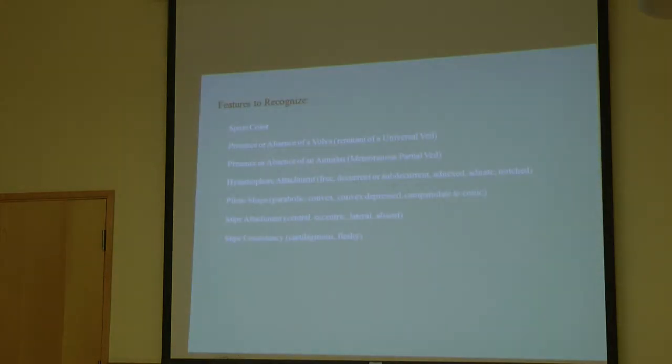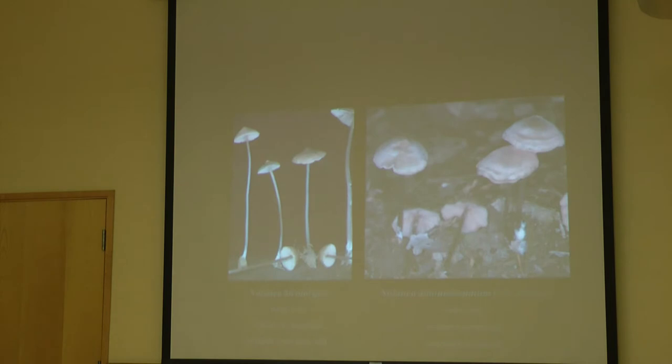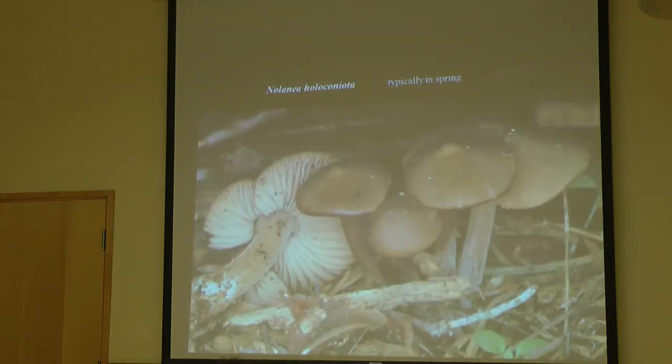Okay, stipe consistency. Now this gets difficult. I'm not exactly sure how to explain this, but it has a lot to do with size. So big stipes are, what's the word I want? Fleshy fibrous, thank you.